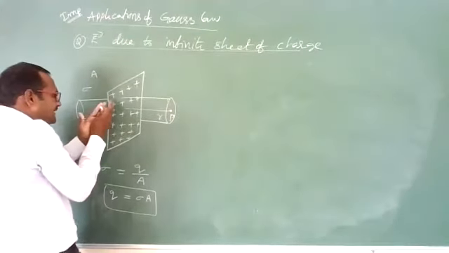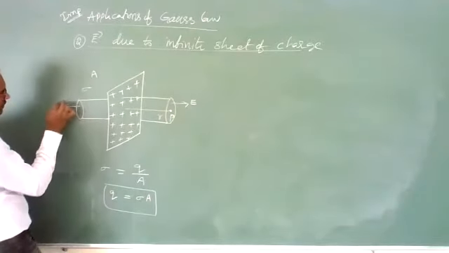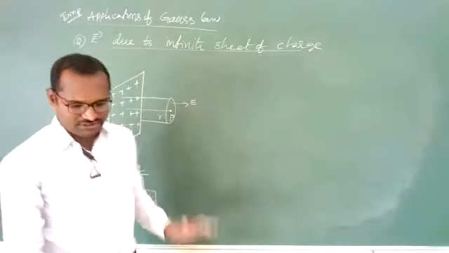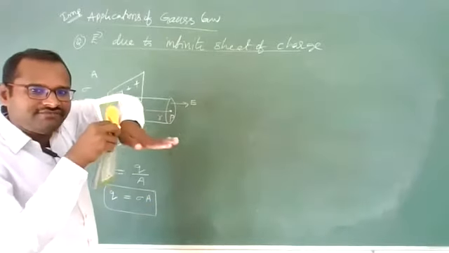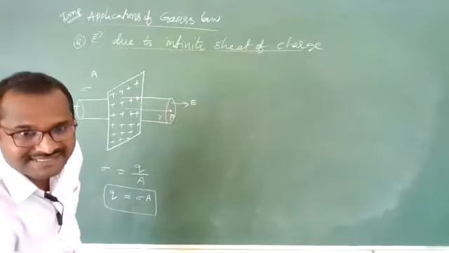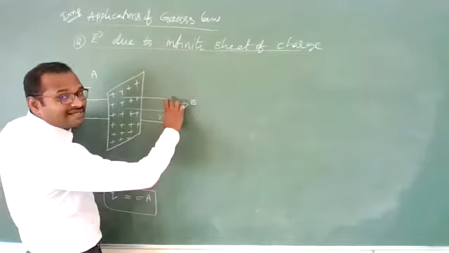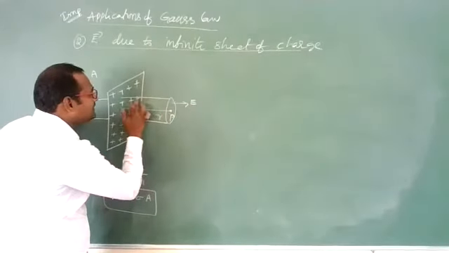Yes. Electric field will be in this direction and in this direction only. As this is a sheet, from this sheet electric field lines will point outward like this only. They cannot go upward. Means electric field lines will cross these caps, these circular areas only. They cannot cross this curved surface area.